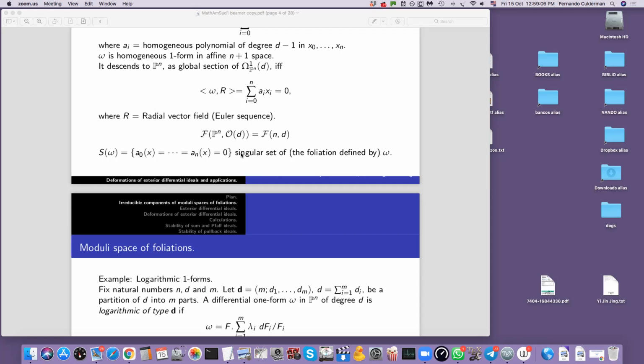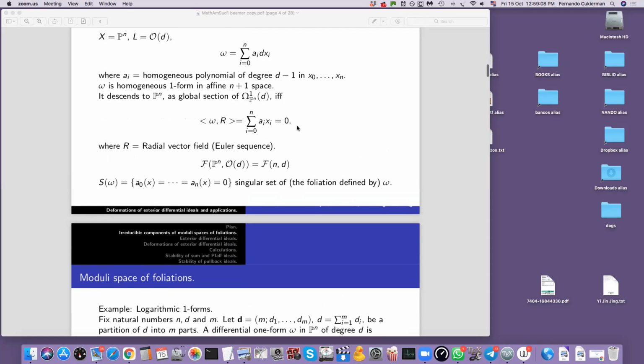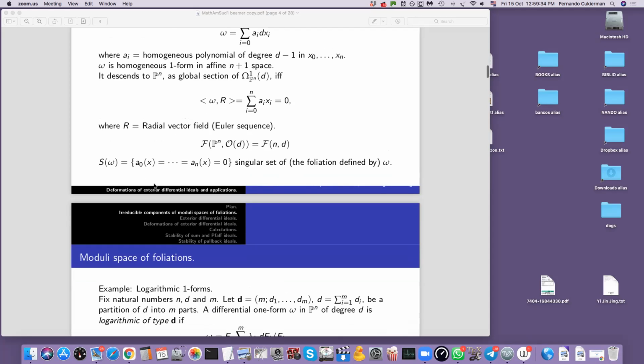If omega is an arbitrary form which doesn't satisfy the Frobenius condition, the singular set of omega, if omega is generic, is a finite number of points. But if omega satisfies the Frobenius condition, the singular set could be different. In general, it's different from a finite number of points.